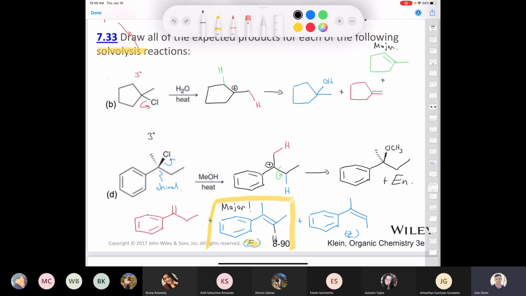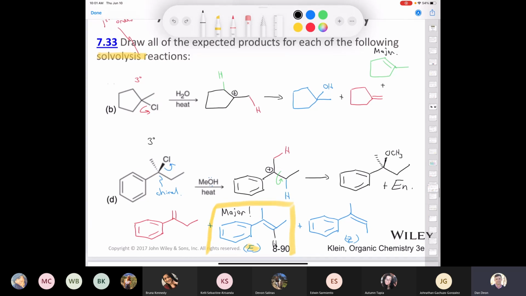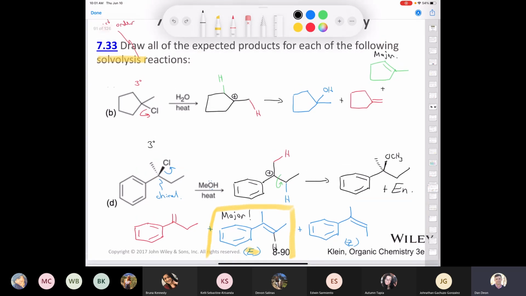And I can end up with the E and the Z since there's free rotation around this bond. And there you have it. You get 5 different compounds. But you see, don't get intimidated by it. If you just take it one step at a time, take a peek at it and take another glance at it, you'll always be able to figure it out.